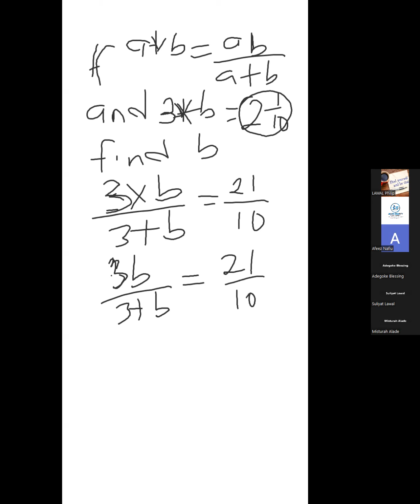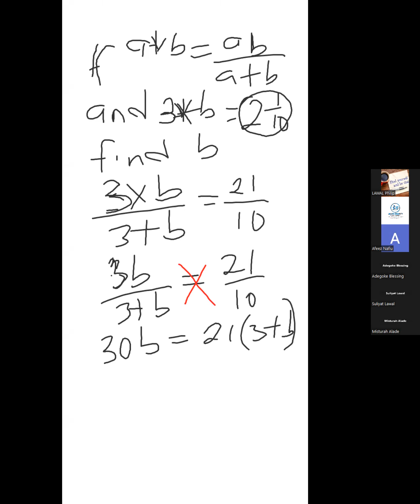Then we can cross multiply. 10 times 3 will give you 30, so it will be 30B, and that will be equal to 21 into bracket 3 plus B.